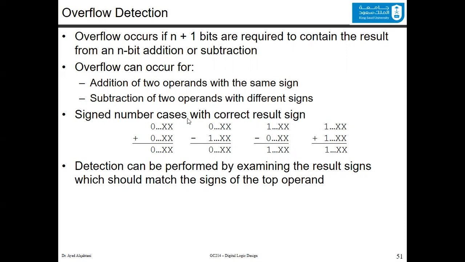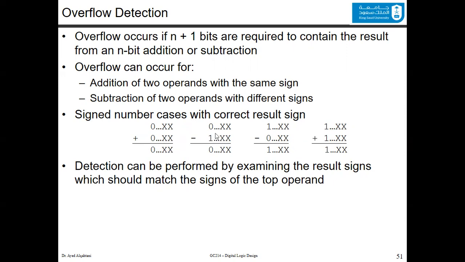The signed number cases with correct result signs: you can see if you add 2 numbers with negative signs, and the answer is negative, or if you add 2 numbers with positive signs and the result is also positive, the result would be correct.